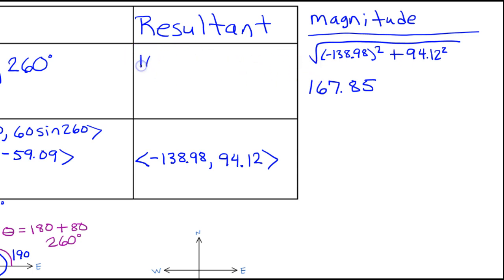I will record it here. That's 167.85 miles per hour. Okay, that's how fast the plane will really be going once you take into account the effect of the wind. Now, how about the direction?